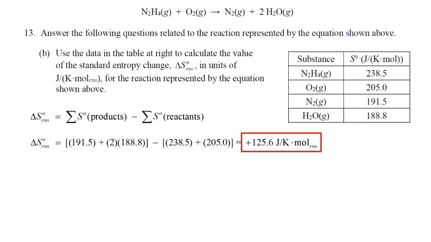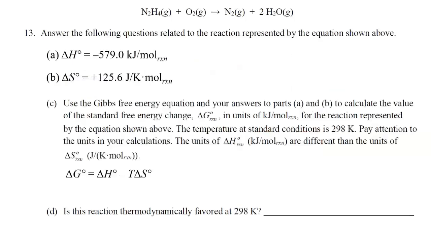Now that we've answered part A, which was delta H, and part B, which is delta S, we can use the Gibbs free energy equation in part C and our answers to parts A and B to calculate the value of the standard free energy change, or delta G, in units of kilojoules per mole of reaction for this reaction.